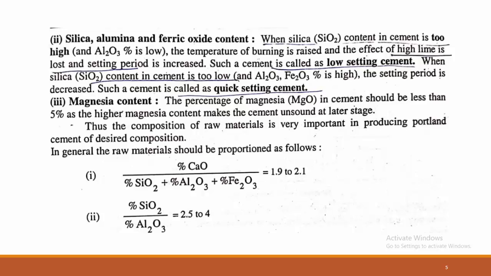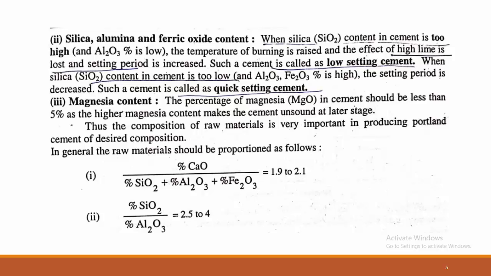Now second, we can see silica, alumina and ferric oxide content. What is the importance of the silica, alumina and ferric oxide content? When the silica, that is SiO2, content in the cement is too high and alumina is low, the temperature required for the burning operation in cement manufacture is raised, and the setting period is increased.